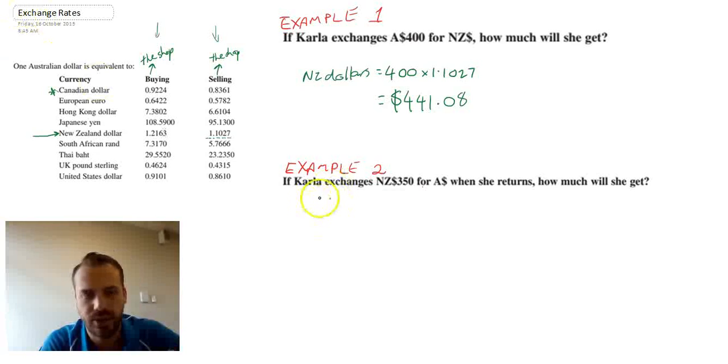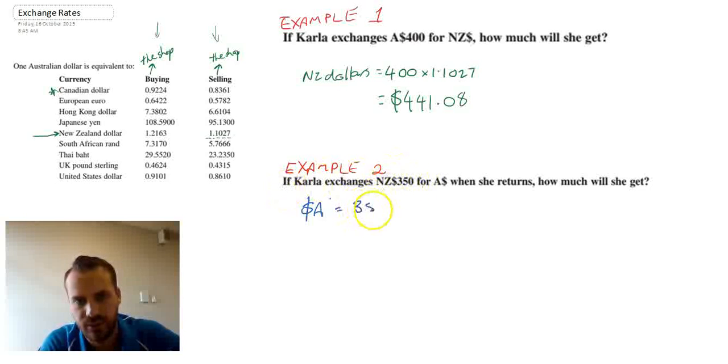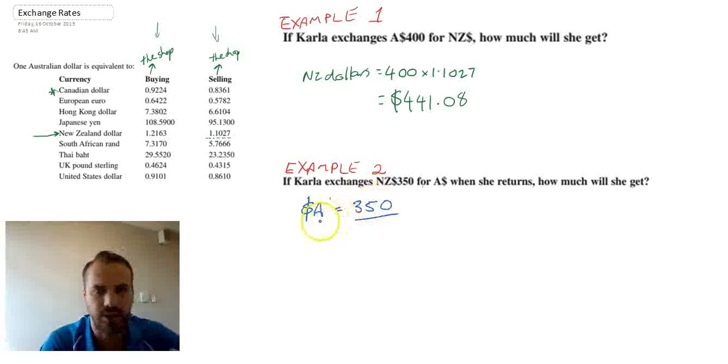Okay, so let's try that out. Now, when they're buying, it's going to look slightly different. So Australian dollars is equal to however many New Zealand dollars we have, so 350. But this time we need to divide by the exchange rate. We need to divide this time because we're going back the other way, and all of these quotes are in Australian dollars.